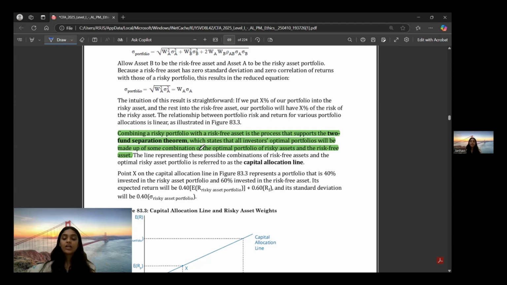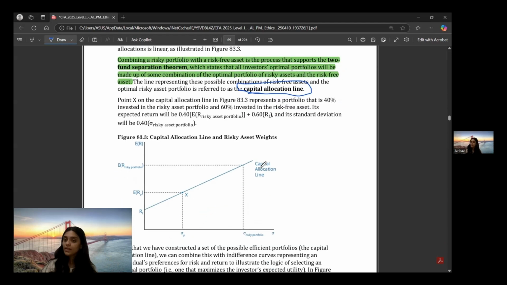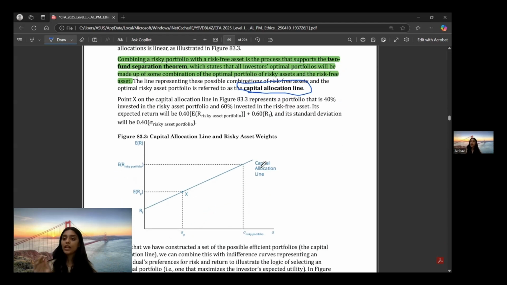The two-fund separation theorem states that an optimal portfolio of an investor will combine both risky assets and risk-free assets. And the line representing these possible combinations is called the capital allocation line. Simple. A capital allocation line is a line which represents the optimal portfolio with a combination of risky and risk-free assets.